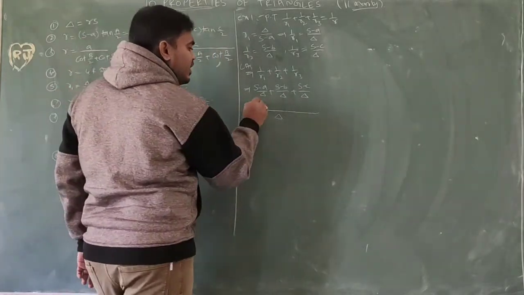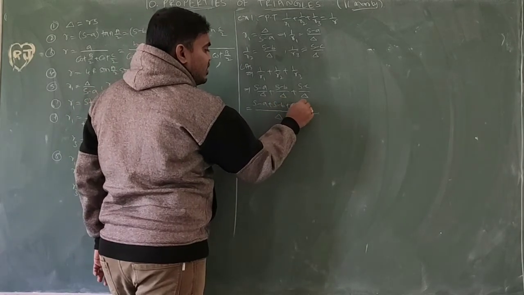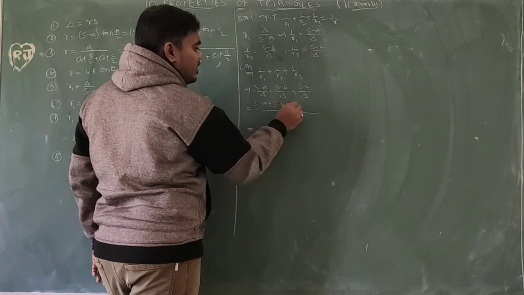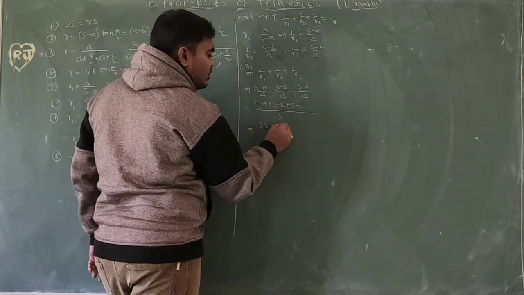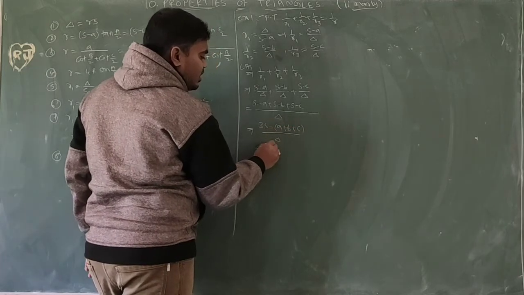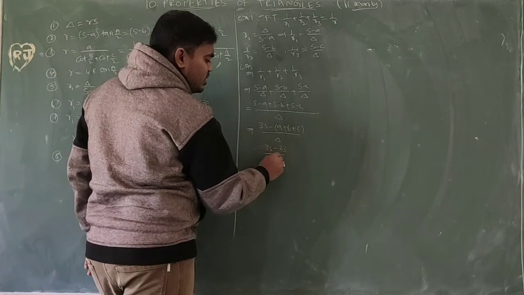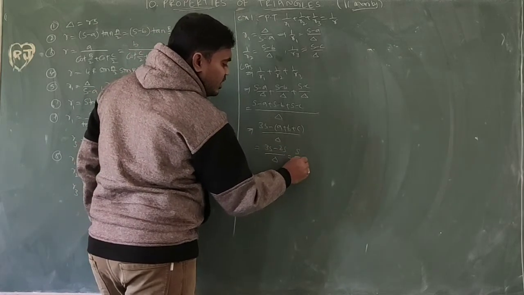numerator s minus a plus s minus b plus s minus c. Overall s plus s plus s, that is 3s, minus common of a plus b plus c, by delta. a plus b plus c is 2s, so 3s minus 2s, which is s by delta.